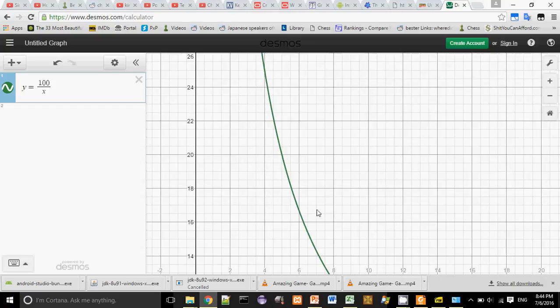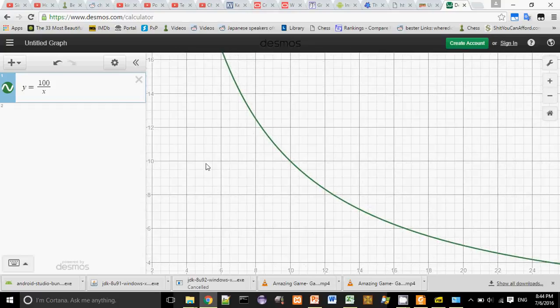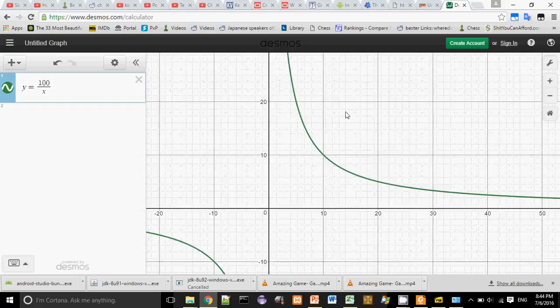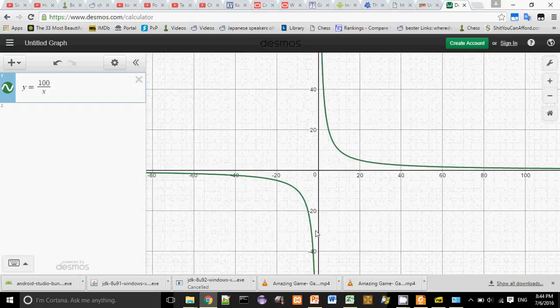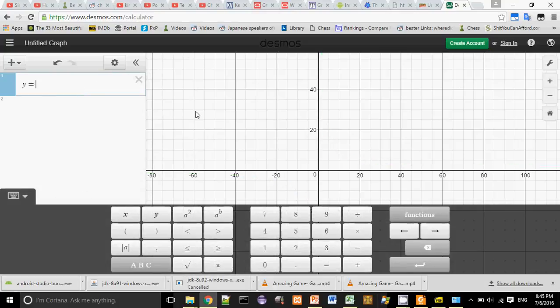If you're spending 10 hours a week, you're looking at 10 or whatever. So that's the type of relationship. You'll also notice it's negative here, because if you divide by a negative, you still get a negative. Alright, that's hyperbolic.